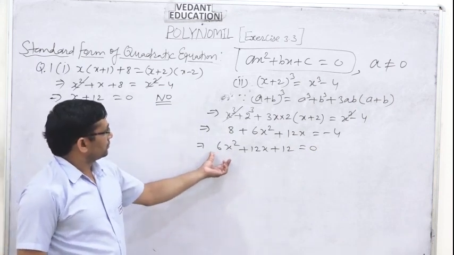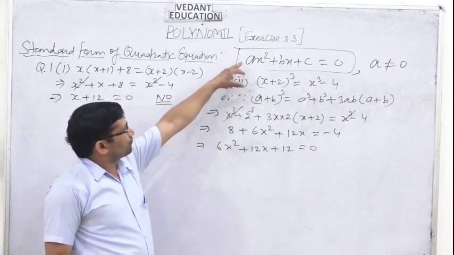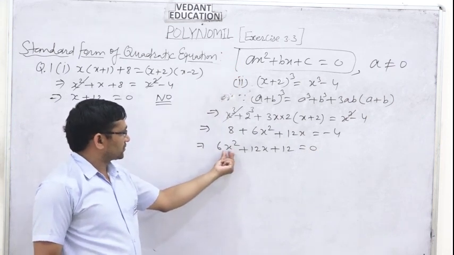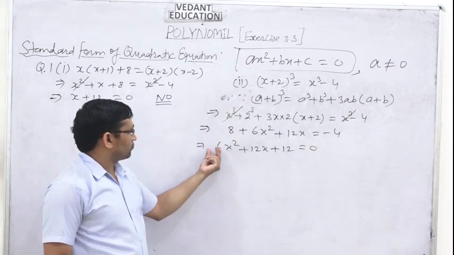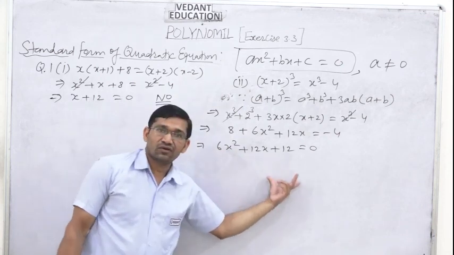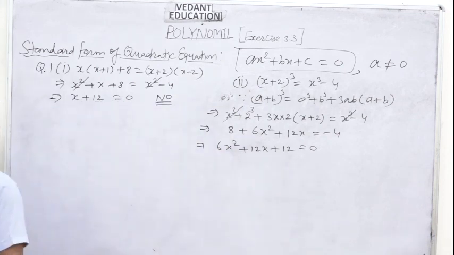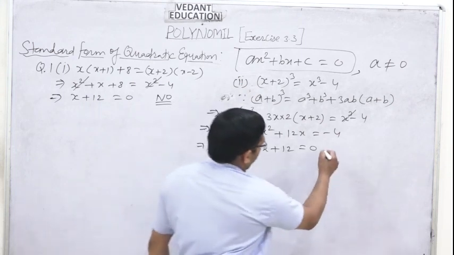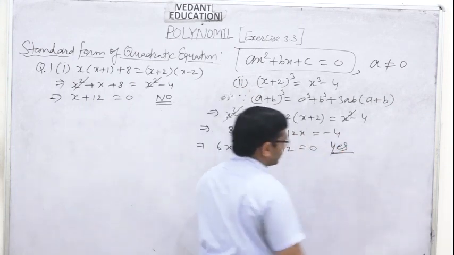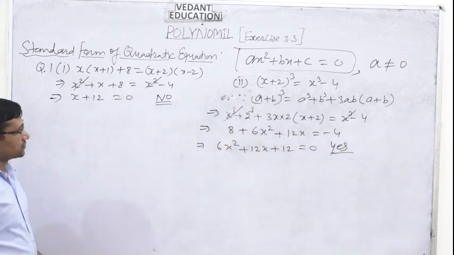By comparing this with the standard form of a quadratic equation, the coefficient of x square, that is a, is equal to 6. It means the degree of this equation is 2. So this is a quadratic equation. So our answer is yes.